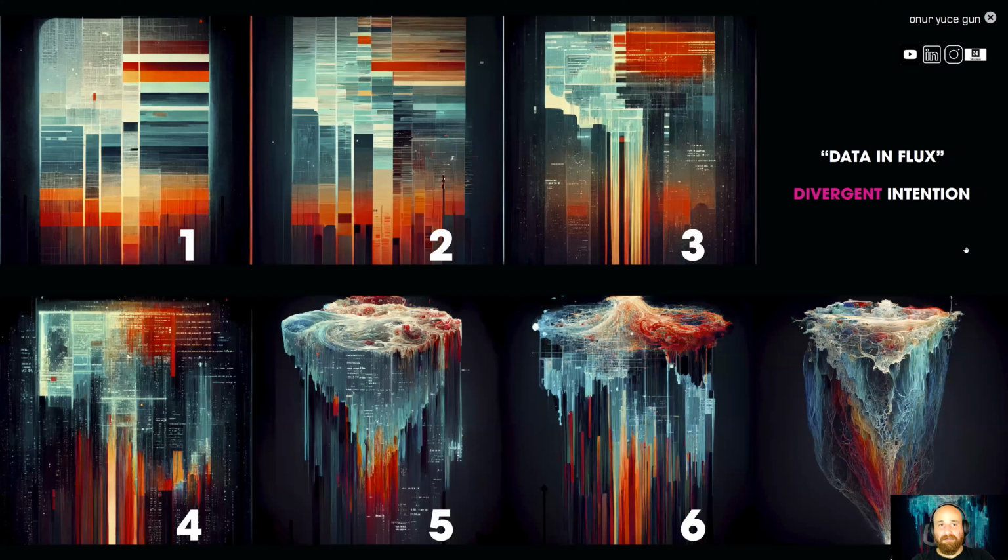But then you can also start with a little more divergent intentions, right? So here I am asking the algorithm to generate something about data and flux, right? And it is somewhat a divergent idea, if you ask me, because I know I'm going to get colors.